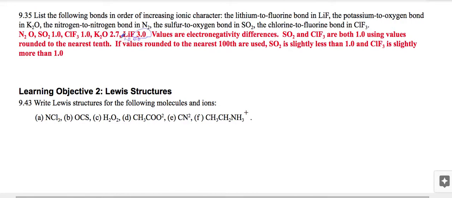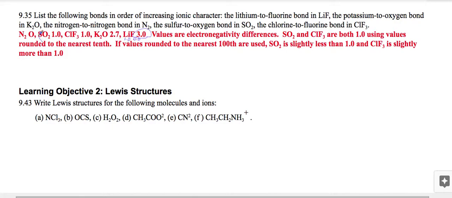The others I don't know off the top of my head, but I went ahead and did the calculations ahead of time. Nitrogen is going to be 0 because whatever the electronegativity of nitrogen minus itself is going to be 0. Sulfur dioxide is 1, chlorine trifluoride is 1, potassium oxide is 2.7, lithium fluoride is 3. So we're putting them in order of increasing electronegativity values.